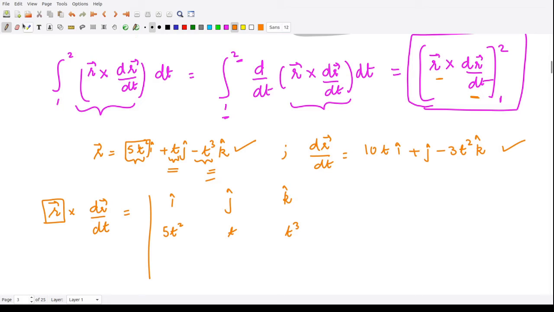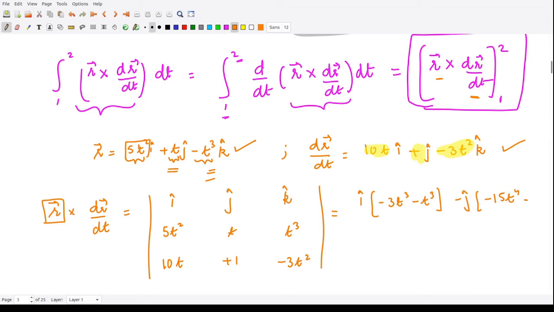And the components of dr by dt are 10t, 1 and minus 3t square. So we have to solve this determinant, so it would be i cap into minus 3t cube minus t cube, and then minus j cap into minus 15t to the power 4 minus 10t to the power 4, and then plus k cap, you have 5t square minus 10t square.